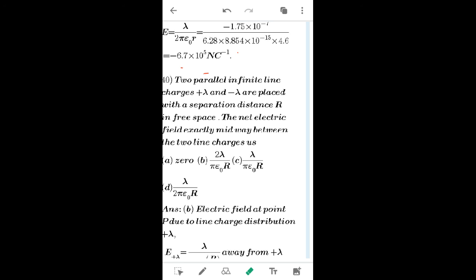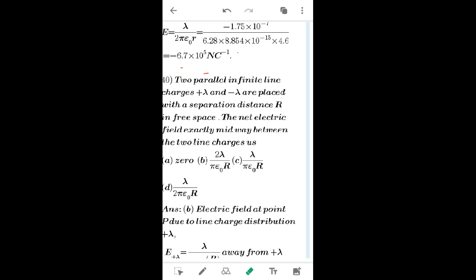The net electric field exactly midway between the two line charges is: A is 0, B is 2 lambda by pi epsilon naught r, C is lambda by pi epsilon naught r, D is lambda by 2 pi epsilon naught r.